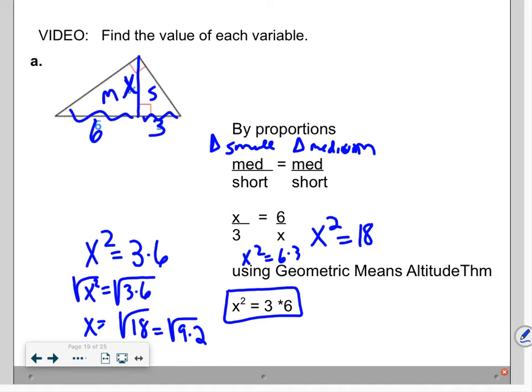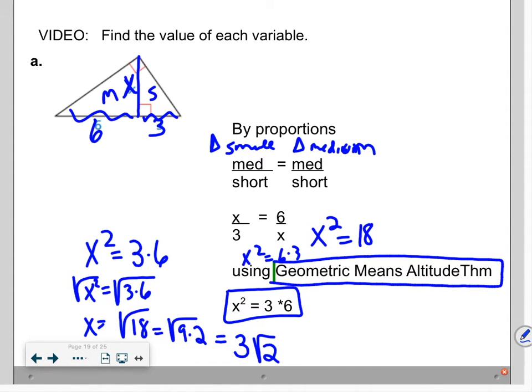We're always looking for those perfect squares. And if I take the 9 out of radical jail, I get 3 radical 2. So this geometric means altitude theorem is going to allow us to find missing pieces of triangles without having to go crazy setting up those proportions.